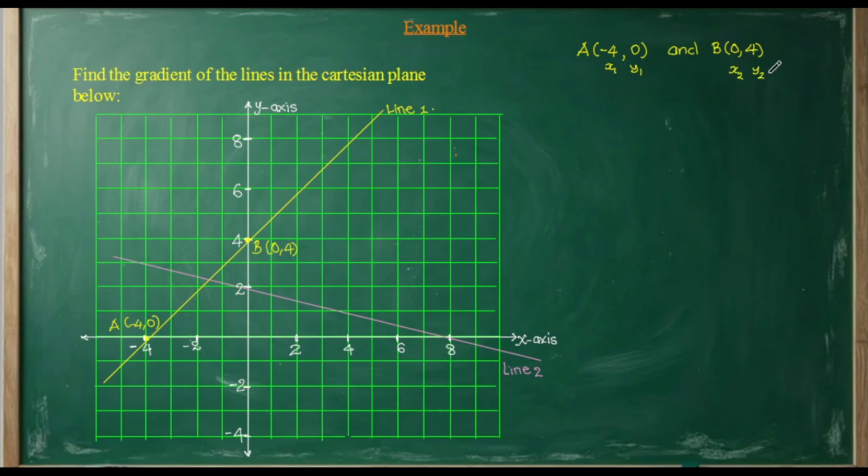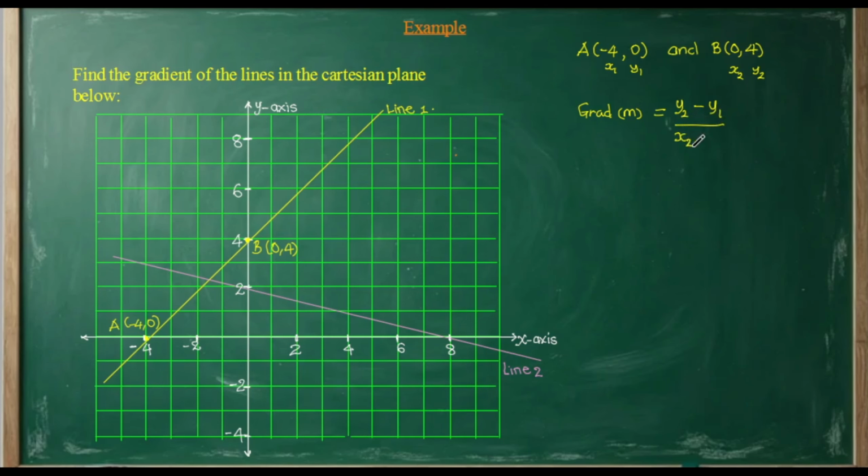So we can say gradient from our formula above is calculated from change in y-axis, that is the vertical axis, y2 minus y1, all divided by change in the horizontal axis, so x2 minus x1.